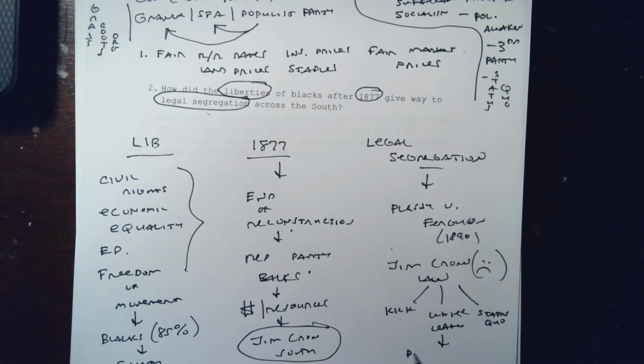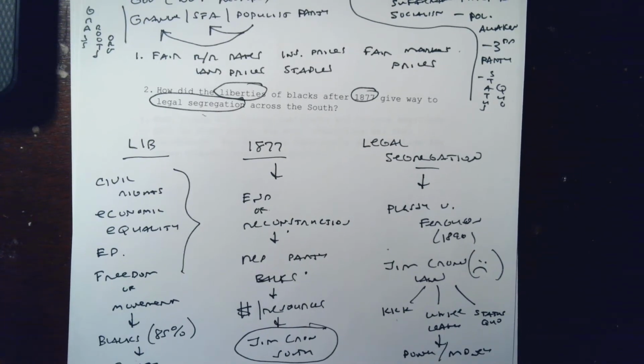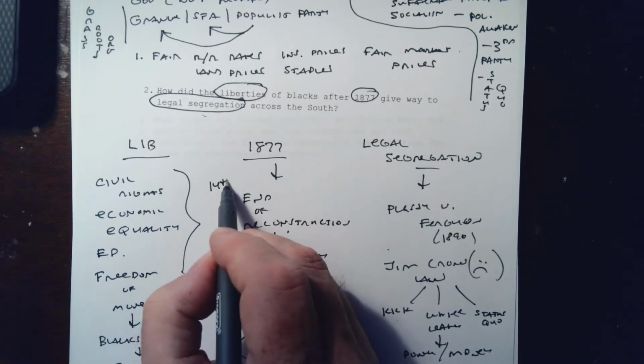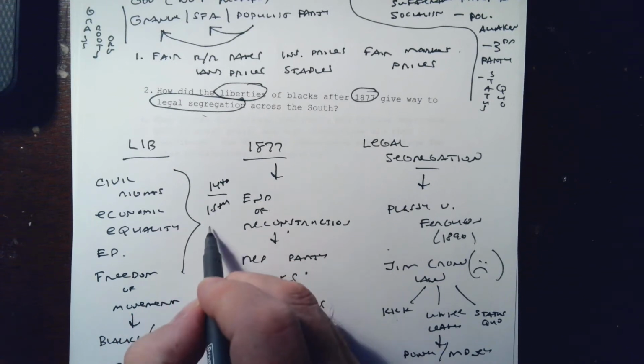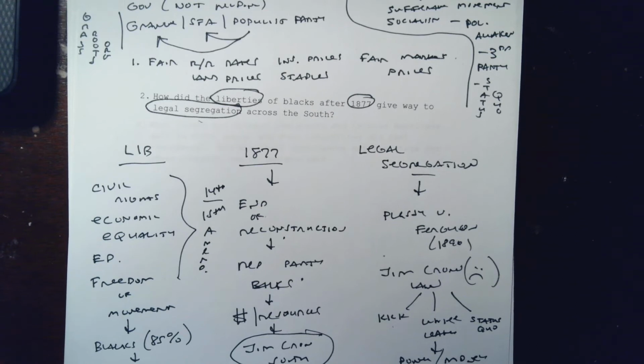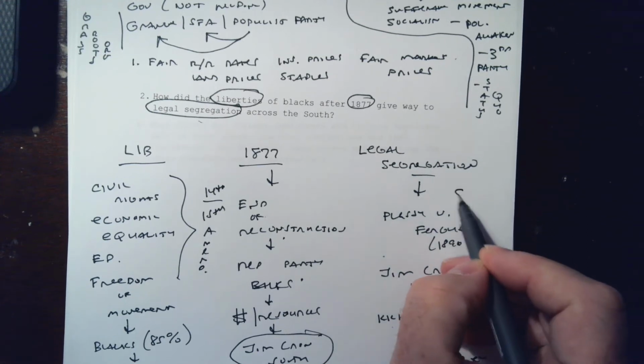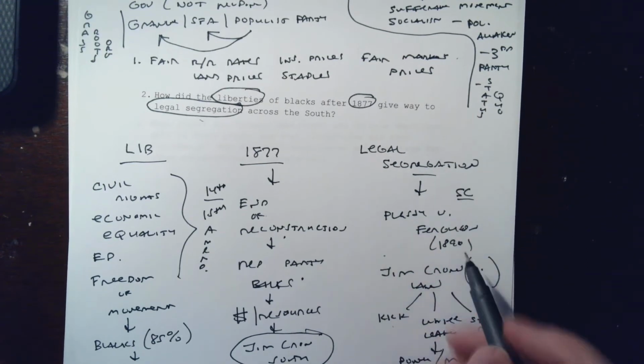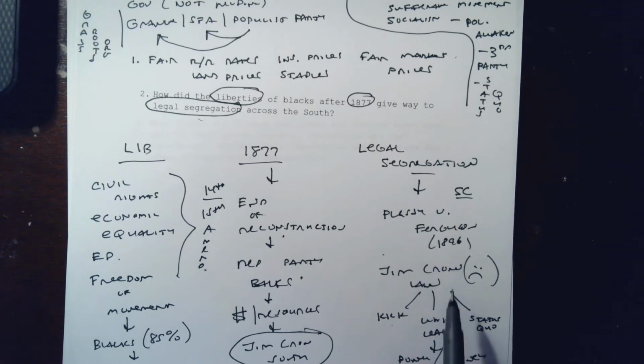And it's all about power and money. And at the expense of African Americans that were promised these things because of the 14th and the 15th Amendments, right? And again, this is key. All of this is going to give way to legal segregation, and it's backed up by the Supreme Court in 1896 because of Plessy versus Ferguson.